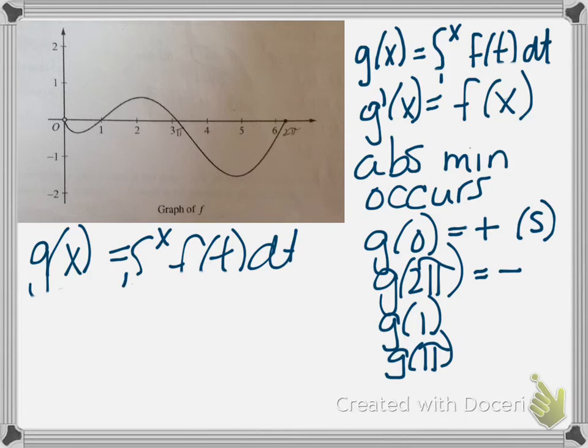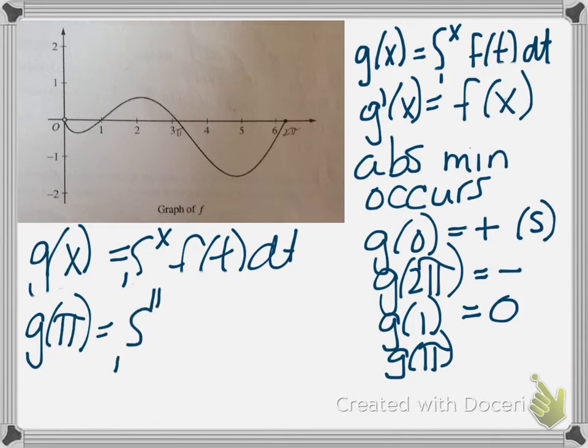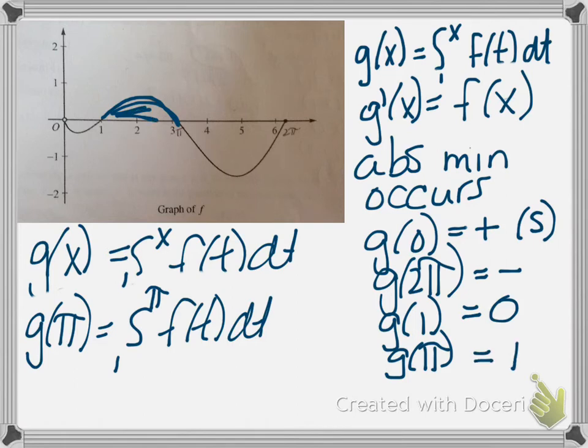All right, g of 1 we already did in part A, and that was 0. And then we just need g of pi. Okay, so we're looking for the area going from 1 to pi. That's this piece over here. That is all positive. Okay, so let's look at our different y values here.